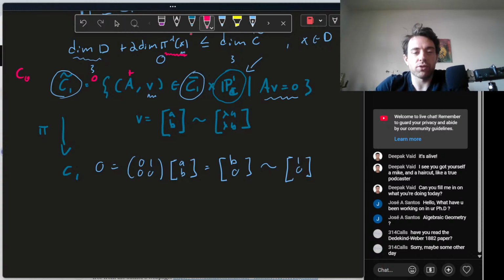Of course, this is just the zero matrix. So every point in projective space satisfies this. So this will just be a copy of projective space. So this will just be 2, right? That's one dimensional times 2. And that's less than 3. So great. Our map is indeed semi-small. We've checked it for all the orbits.